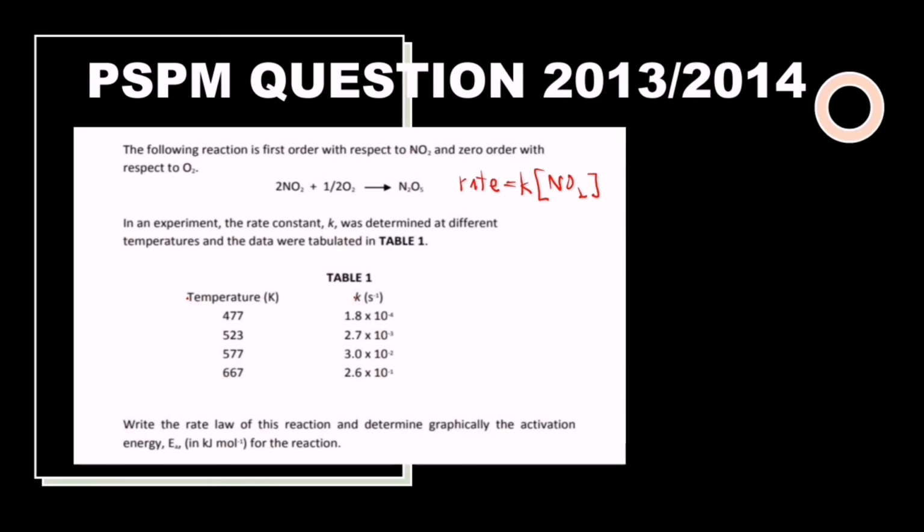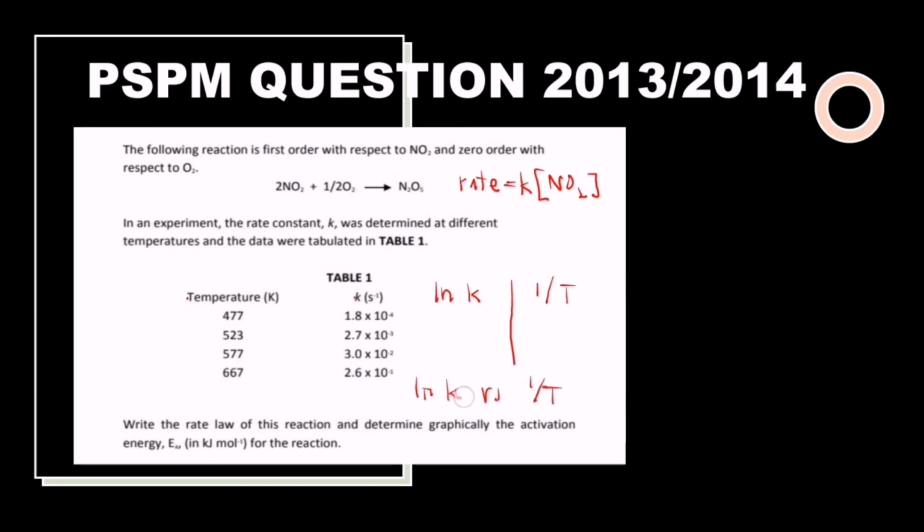For the next question, determine graphically. So first you have to create a new table, okay, and 1/T. Okay, so put all the data inside the table and you have to plot a graph ln K versus 1/T.